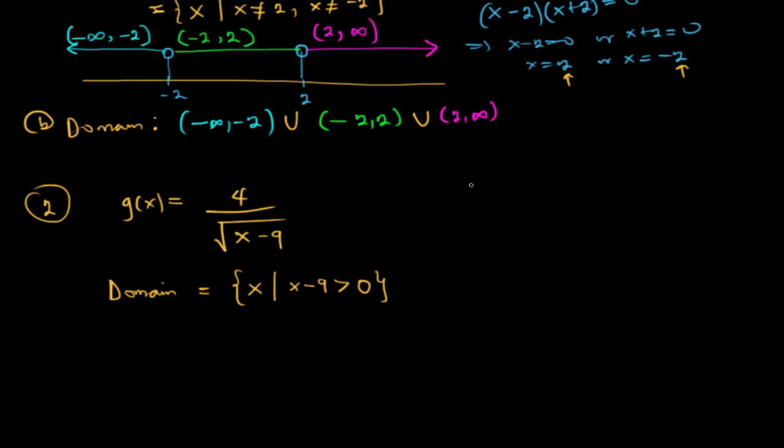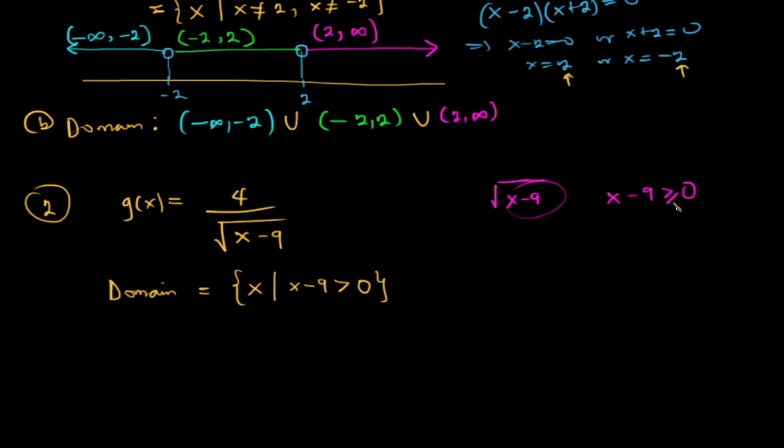The first condition is that for the fact that it is x minus 9, since you know that the root of a negative number is going to be a complex number, so what we want here is x minus 9 must be greater than or equal to 0.